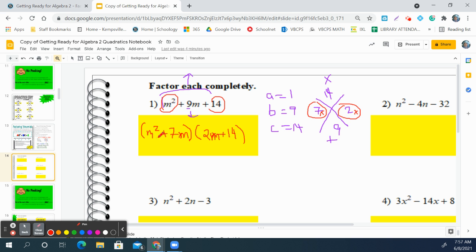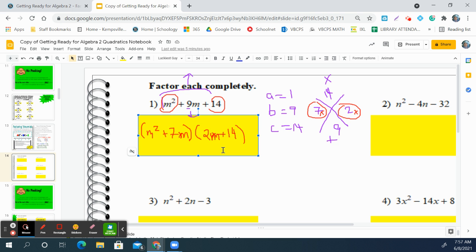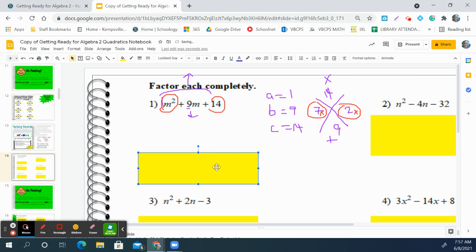What can I take out of m squared plus 7m? Oh, why did it do that? So just underneath? No, it took it all away.